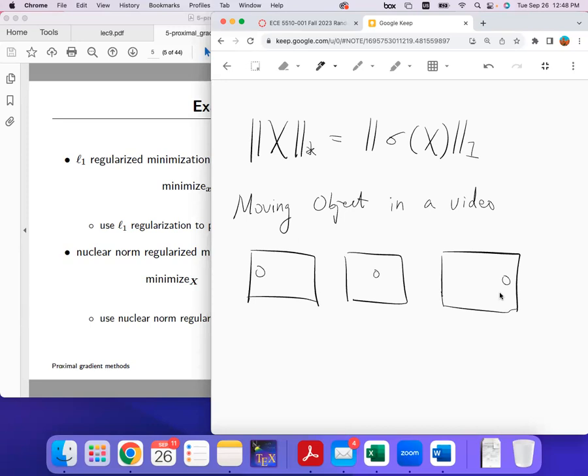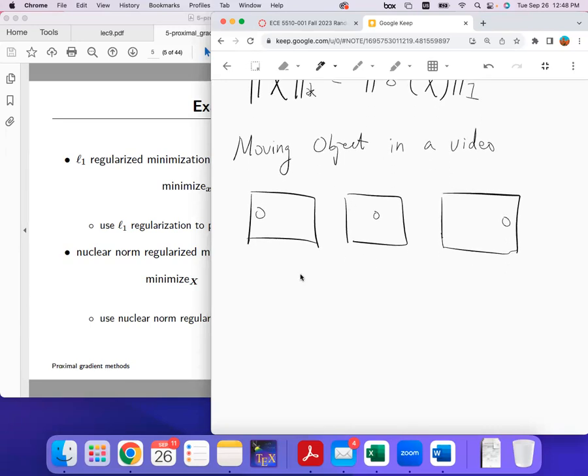You see that there's a static background plus a moving object. So, for example, we can stack each frame into a column vector. This is a matrix. Now I put all the columns one by one, stacking column-wise. It becomes a very long column vector.